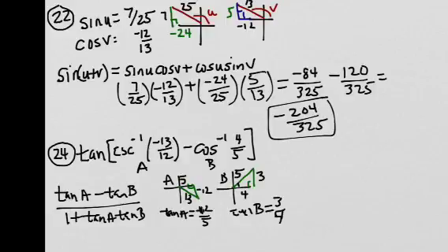Okay, there's 3 over 4. So I'll just show the work right here. So negative 12/5 minus 3/4 over 1 plus negative 12/5 times 3/4.